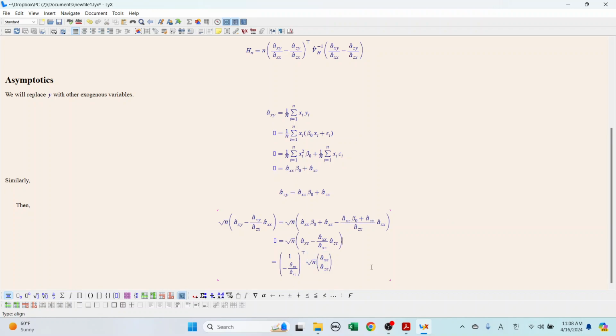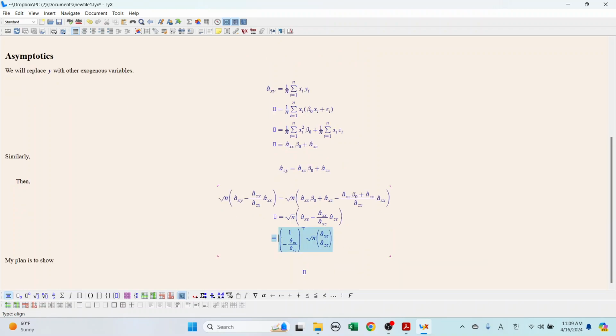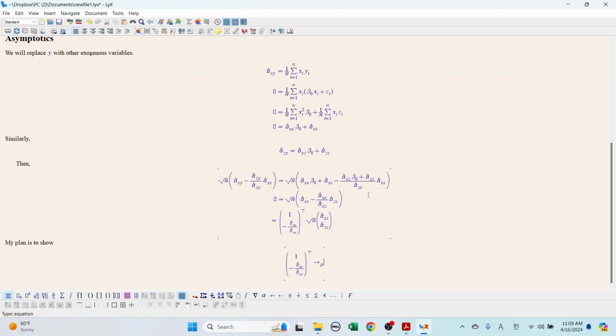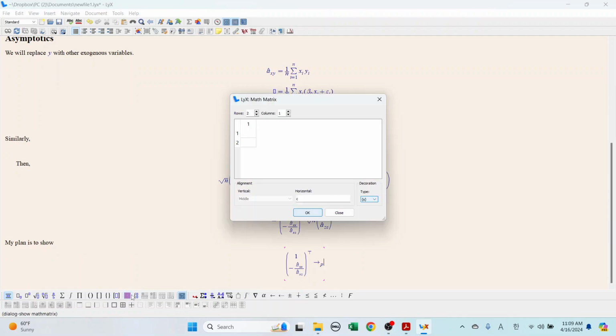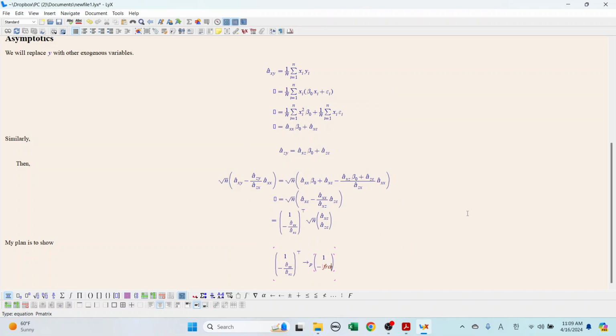And what I'm going to show you here, my strategy, is to show that the first thing will converge in probability to something, which is pretty easy. So simply I will write it this way.